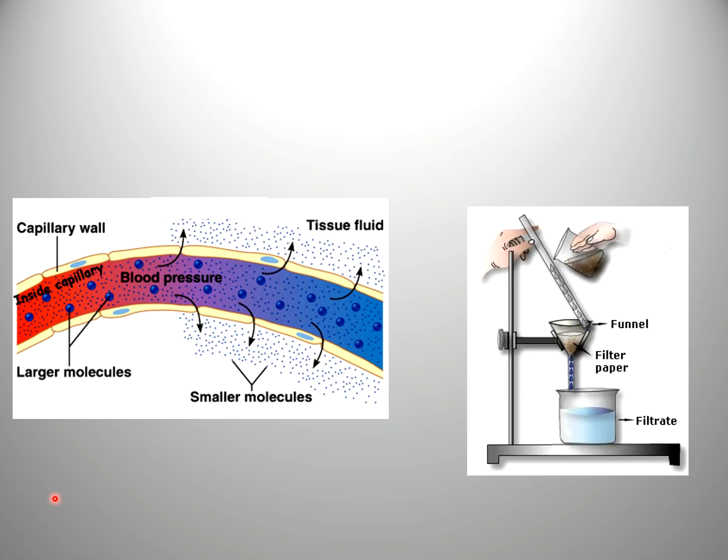So by this process of diffusion, those carbon dioxide molecules will move from where there's a high concentration inside your blood to the low concentration in your lungs, and the oxygen will move from a high concentration inside of the alveoli to the low concentration of your blood, and we'll have that gas exchange happen.